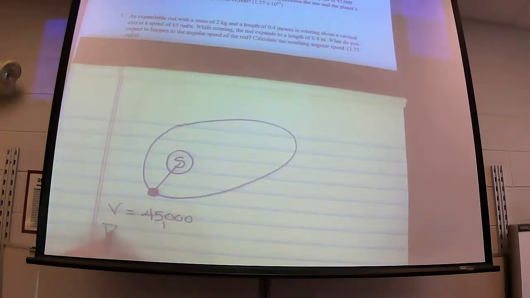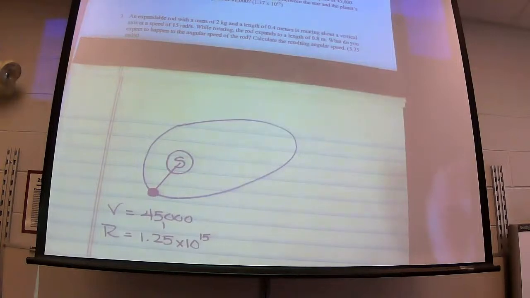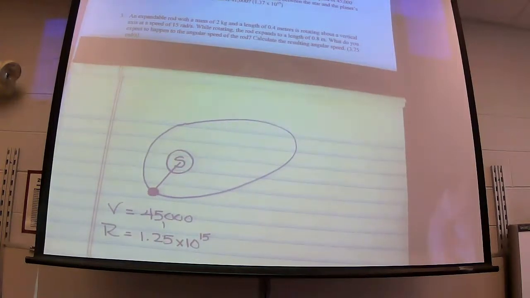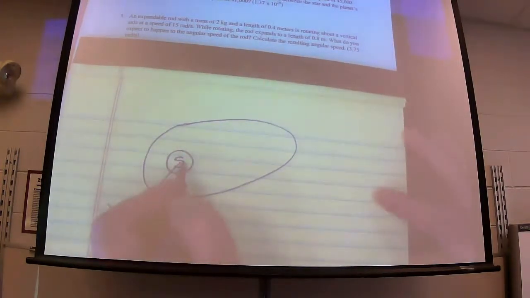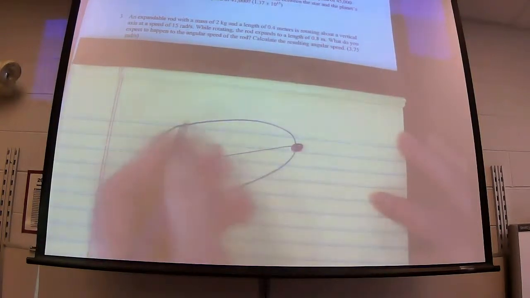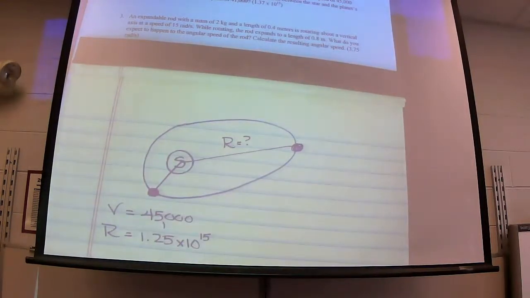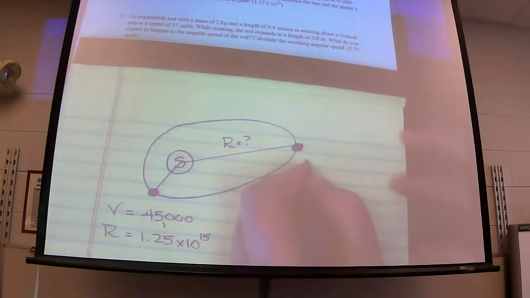So the radius is 1.25 times 10 to the 15 meters. What is the distance R when it has a speed of 41,000?